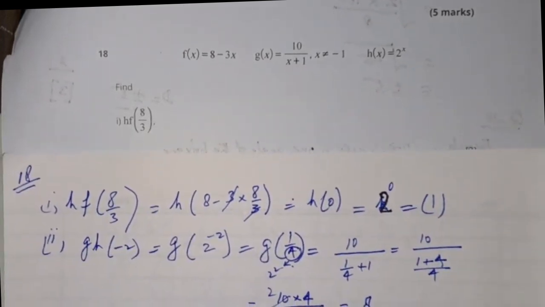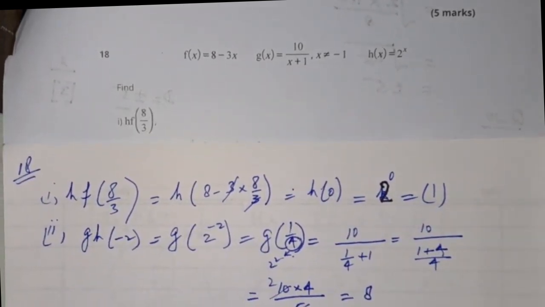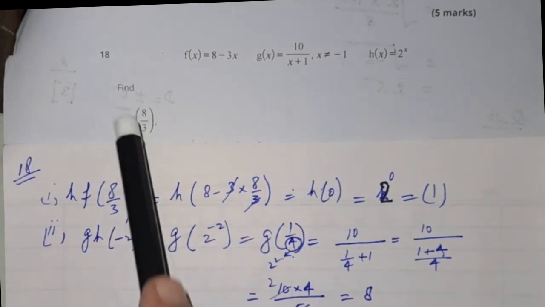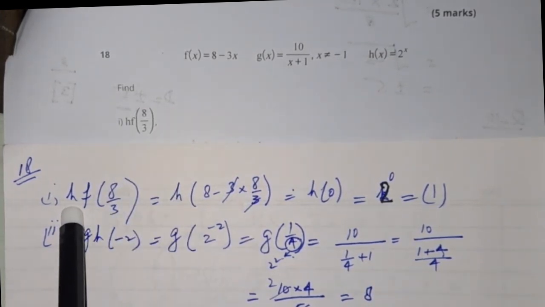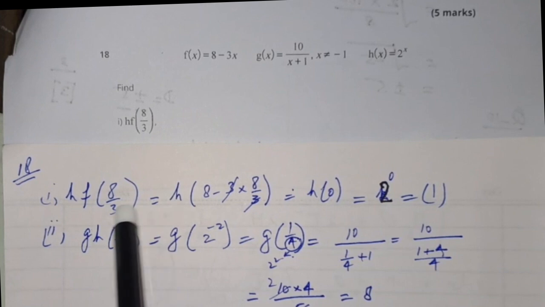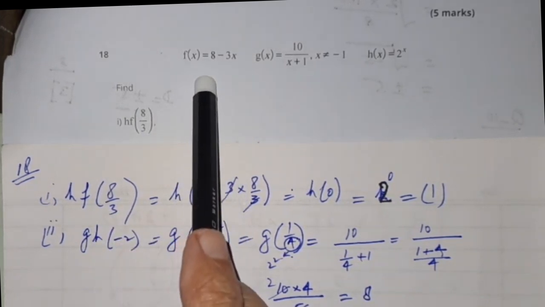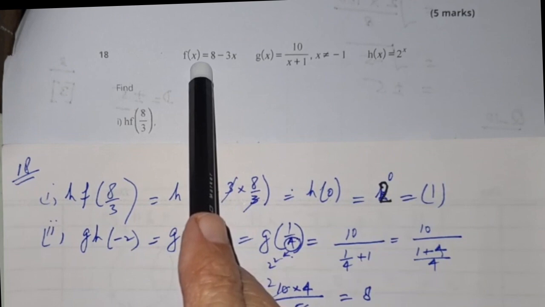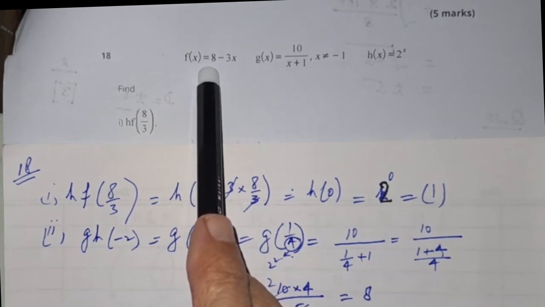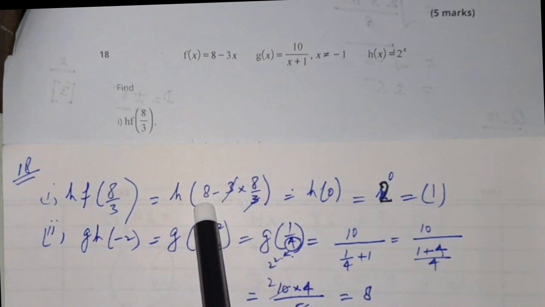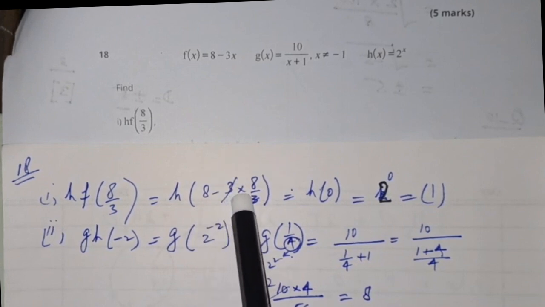The first part is solved already by me here. That is, you have to find hf. So what I do is, f of 8 over 3 would be h. In place of x in the equation of f(x), we place x equal to 8 over 3. Here is 8 minus 3 into 8 over 3.